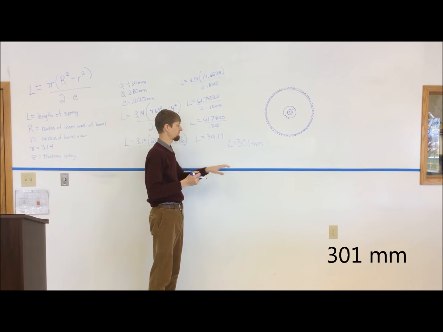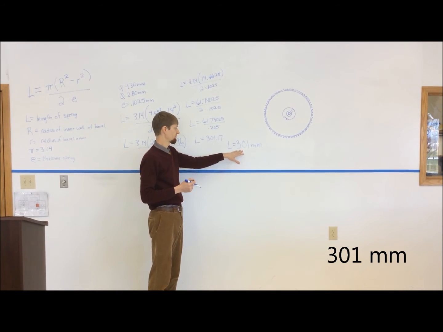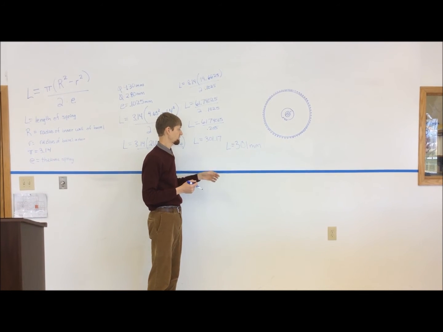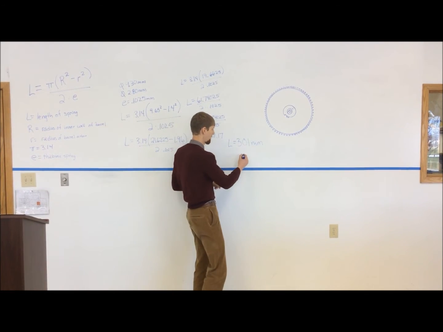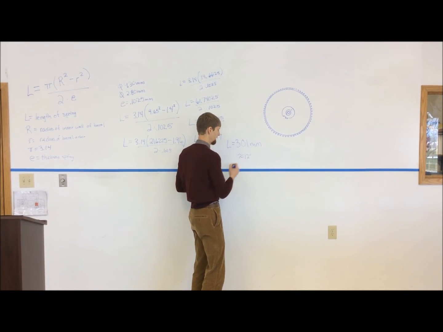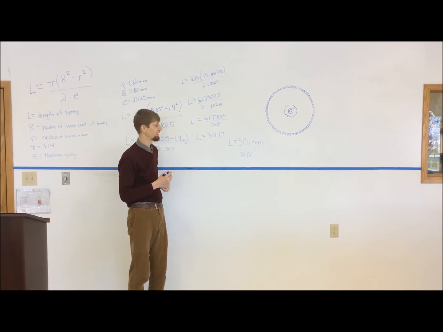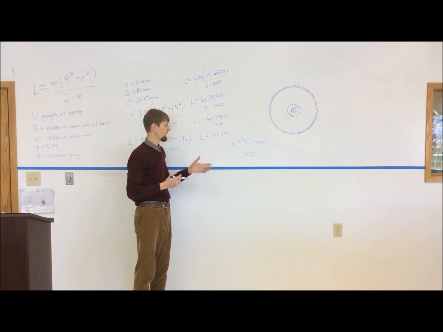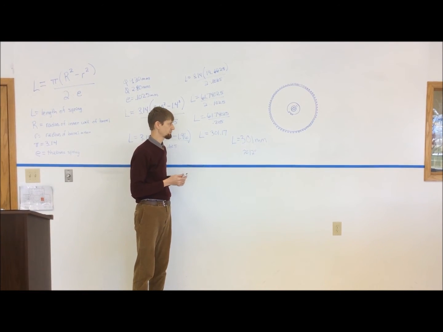So we want to quickly convert this to inches. There's about a little more than 25 millimeters in an inch. So if we were to divide that, this is going to be approximately 12 inches. That seems pretty reasonable for a spring in a wristwatch. So that seems like a reasonable answer. 301 millimeters would be the length of the spring for this watch.